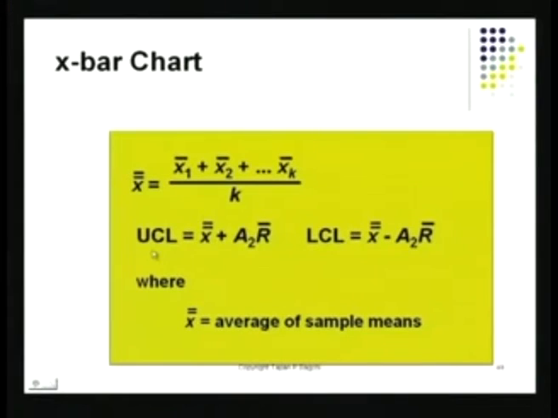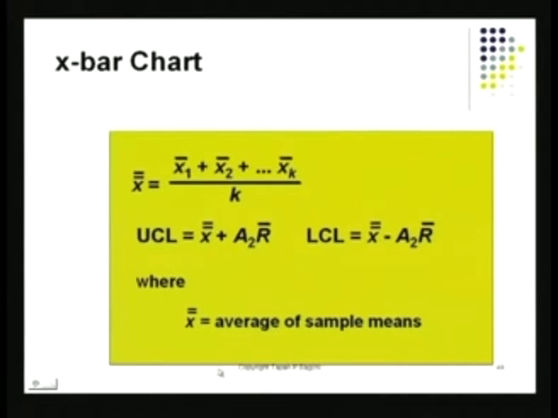So I've got an idea of X double bar, which I use to find the upper control limit. I should really be doing X double bar plus 3 sigma X bar. That's what I should be doing. Very fortunately, other people have worked on this. They said in place of doing this 3 times sigma X bar, I can use a quantity called A2, which is a multiplier, a constant that depends on sample size n, and R bar, which is the average.